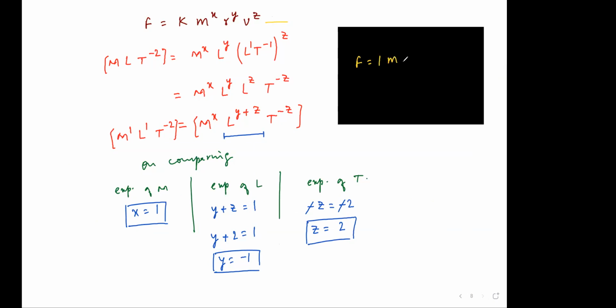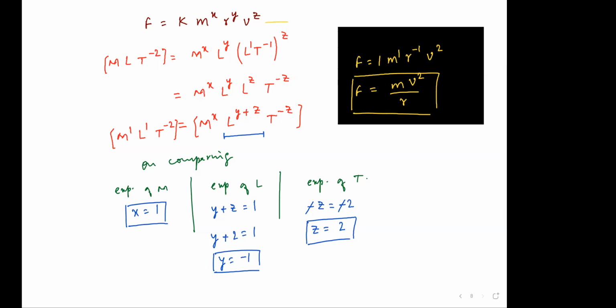M raised to the power x, which is 1. R raised to the power y, which is -1. And v raised to the power z, which is +2. On simplifying, it will become m v square, and if a term contains a negative exponent, bring it to the denominator, and it will become positive. So R goes to the denominator, and this would be your final answer for the centripetal force.